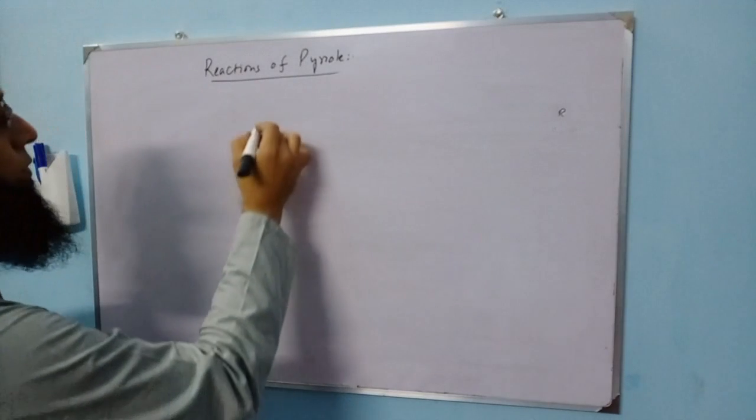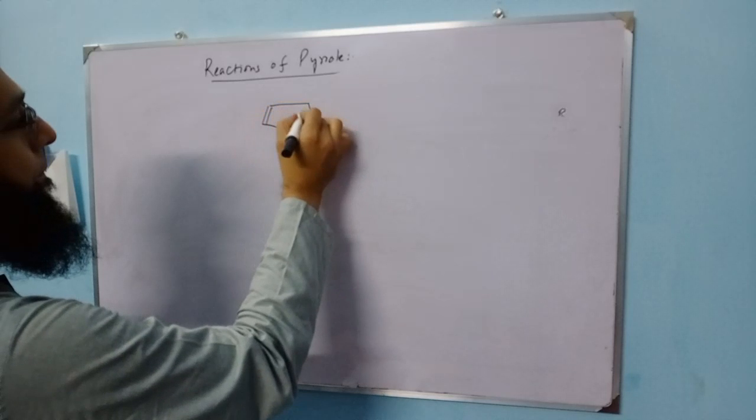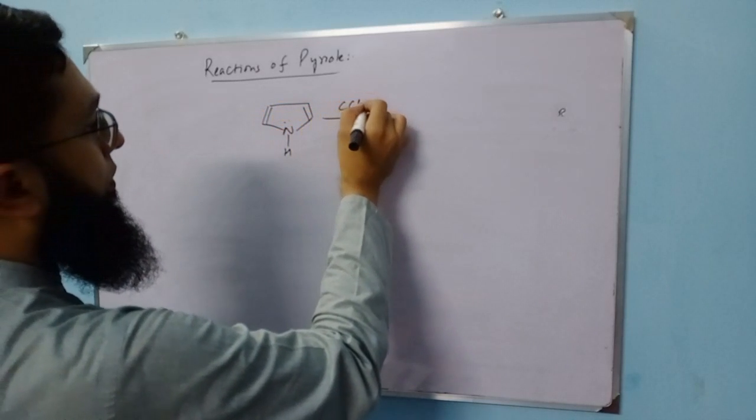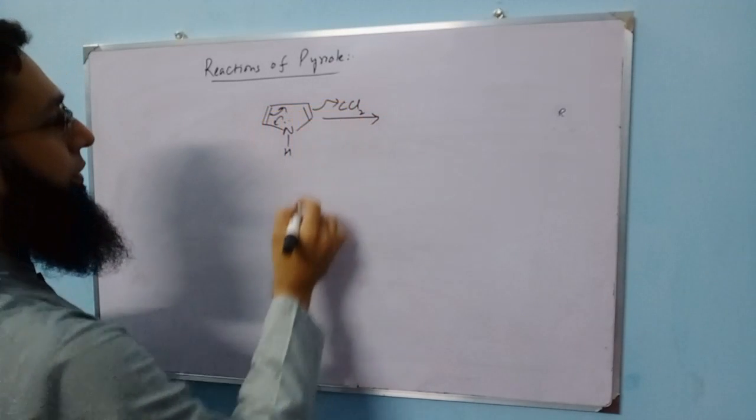Pyrrole can react with dichlorocarbene, and it shifts here, here, and here.